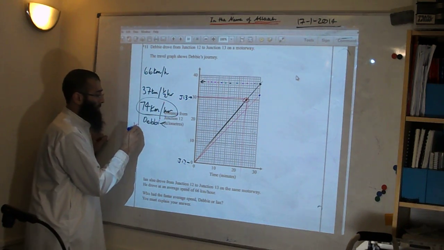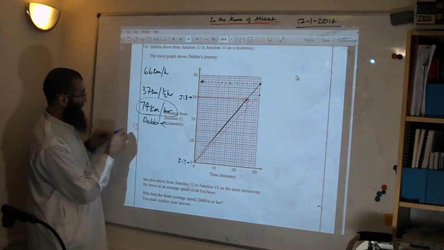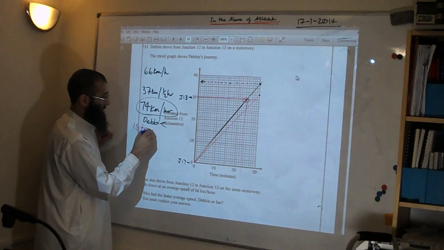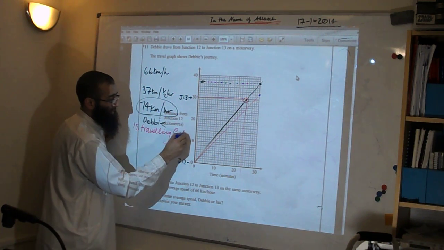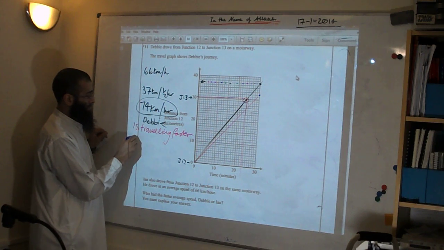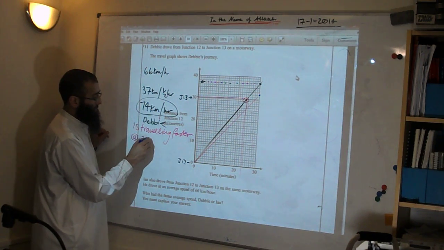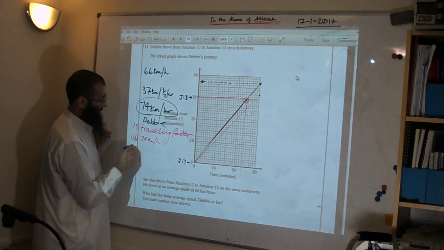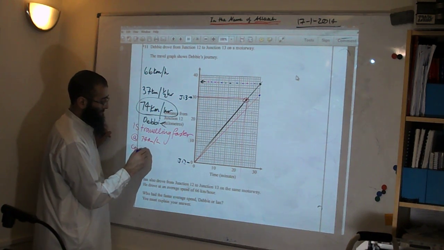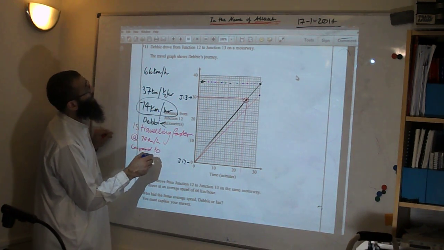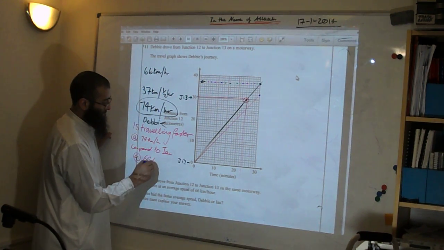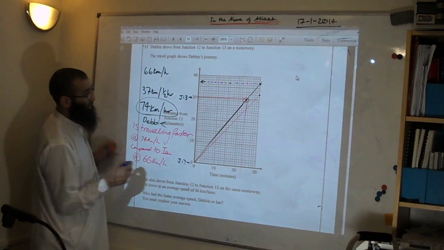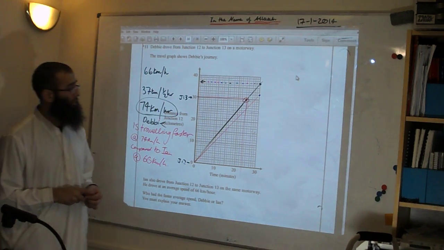So Debbie is traveling faster. She is traveling at 74 kilometers an hour compared to Ian at 66 kilometers an hour. Done. Two ways of doing it.